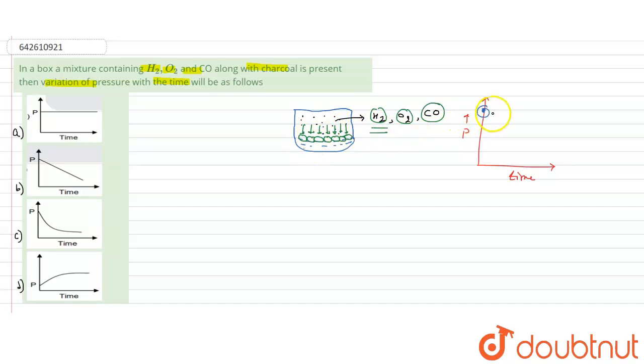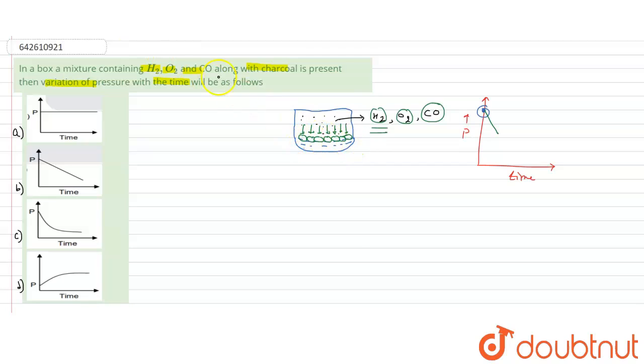So as the time passes, the pressure decreases like this. This decrease in pressure will continue until these sites are occupied.